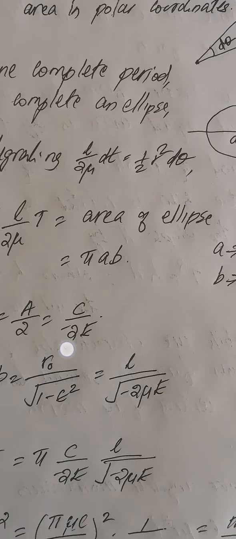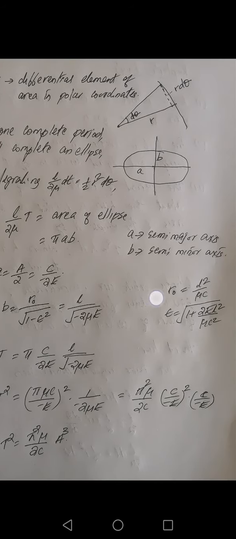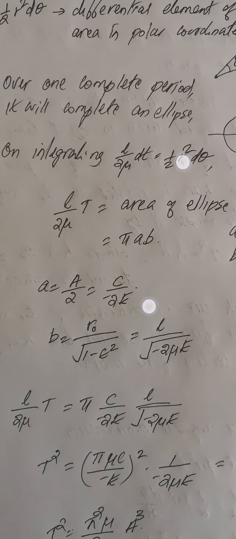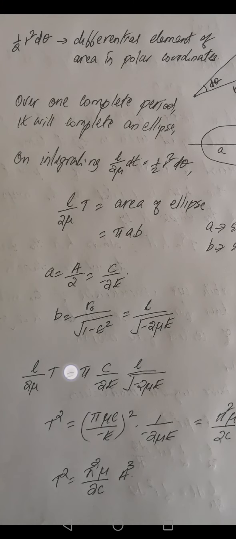Half r squared d theta becomes the area of the ellipse. So this is the ellipse. Okay, the area of the ellipse is pi into a into b, where a is the semi major axis and b is the semi minor axis. So on integrating this equation, we will get L by 2 mu times T is equal to the area of the ellipse, that is pi a b.